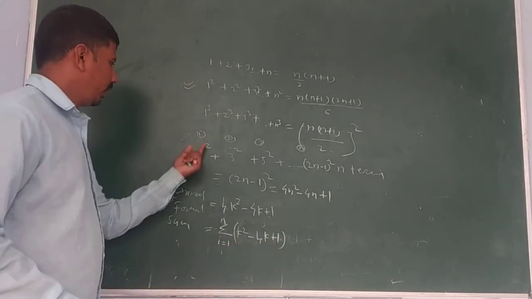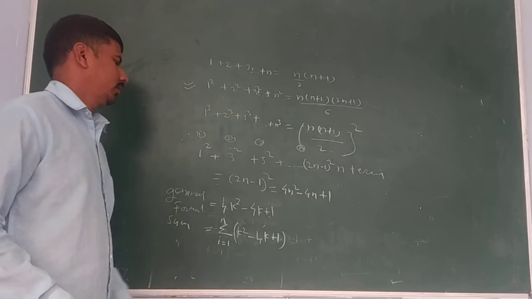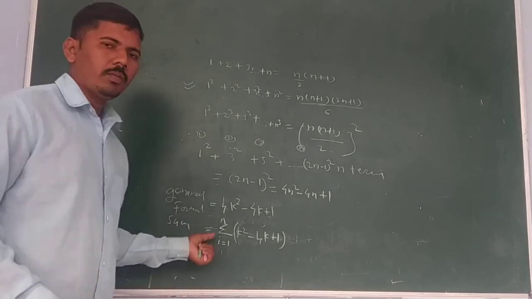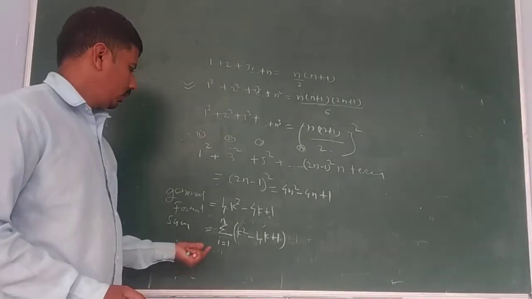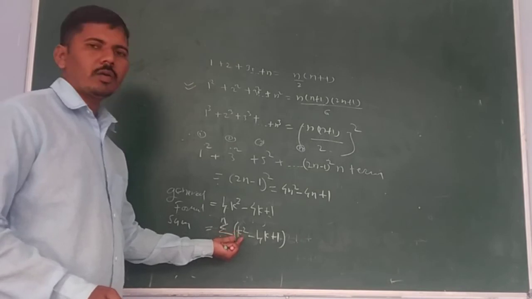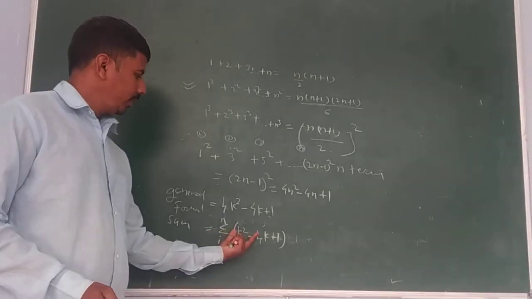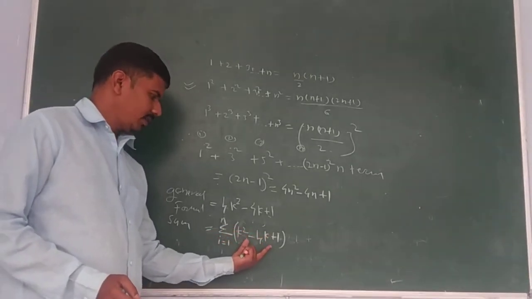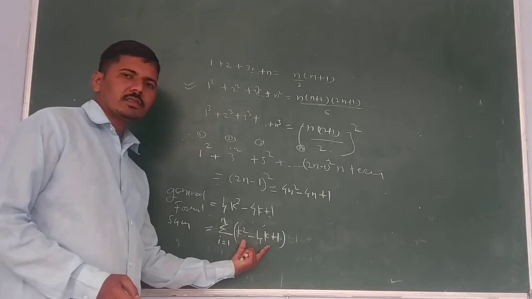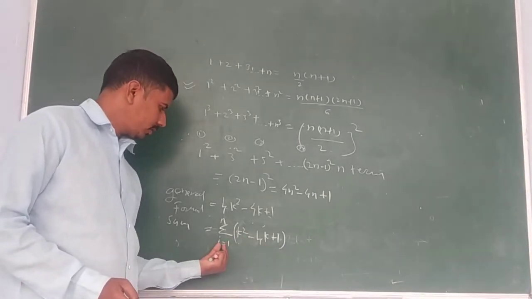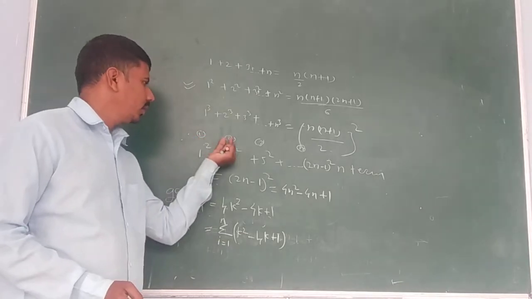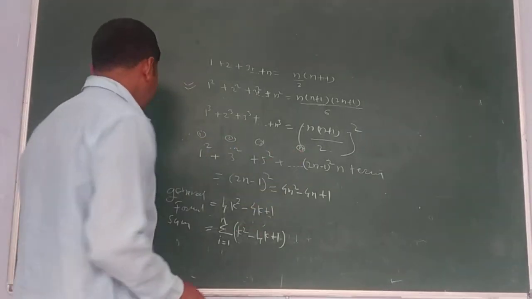This summation formula gives us the freedom to apply it to the general formula. We have to add the terms whose general formula is this, starting from 1 to n.